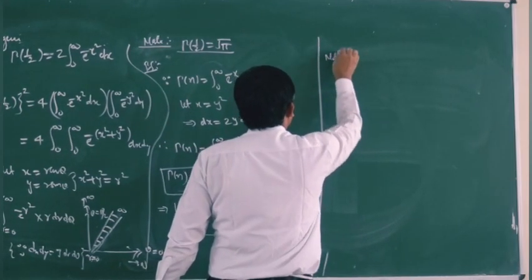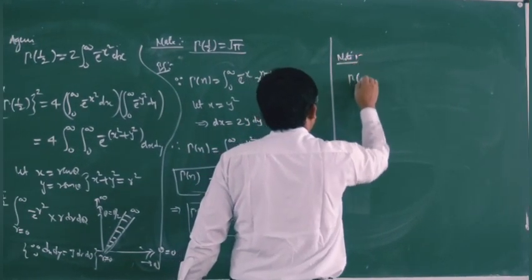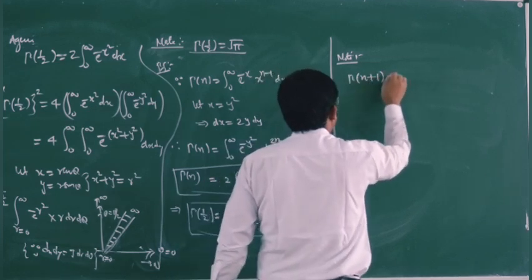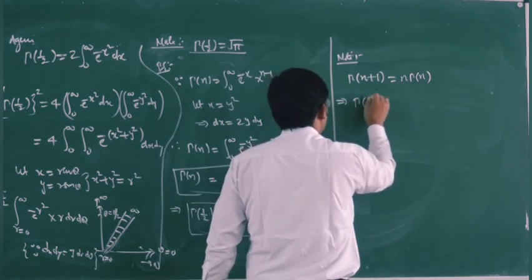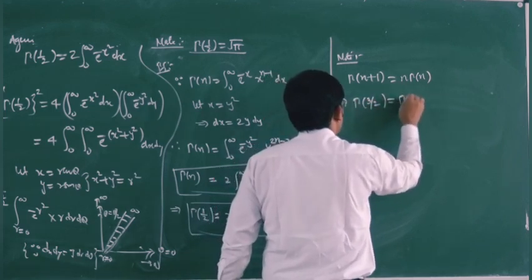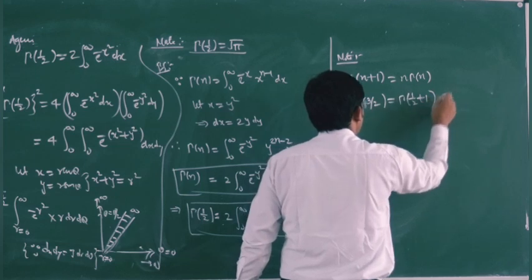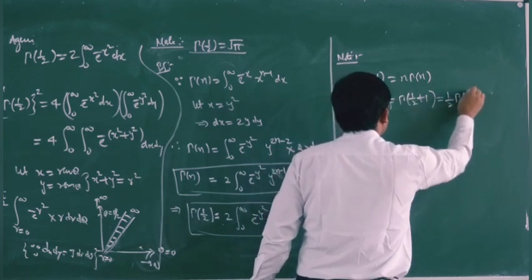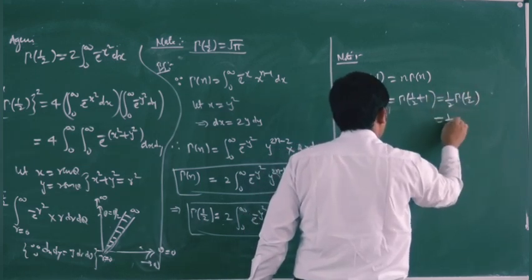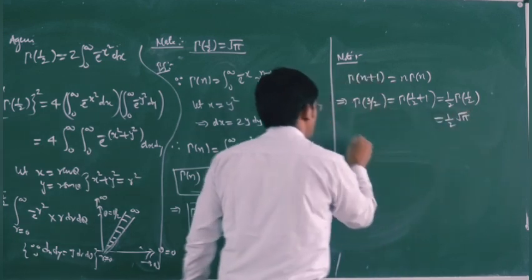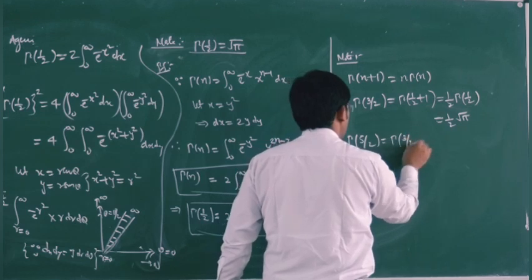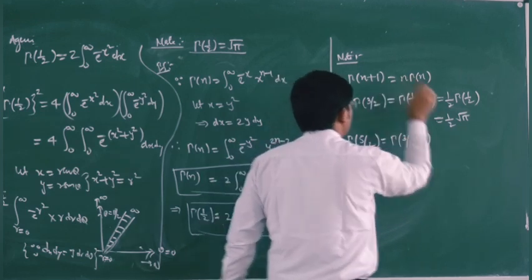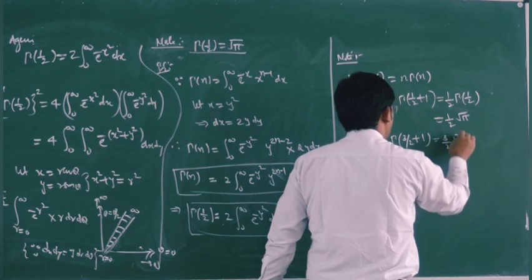Note, because our gamma n plus 1 is equal to n gamma n, from here we have the value of gamma 3 by 2. So your gamma 3 by 2 will be gamma half plus 1, so it is equal to half gamma half, and your gamma half is root pi, so this is root pi upon 2. So gamma 5 by 2 will be gamma 3 by 2 plus 1, which will be equal to 3 by 2 into gamma 3 by 2.